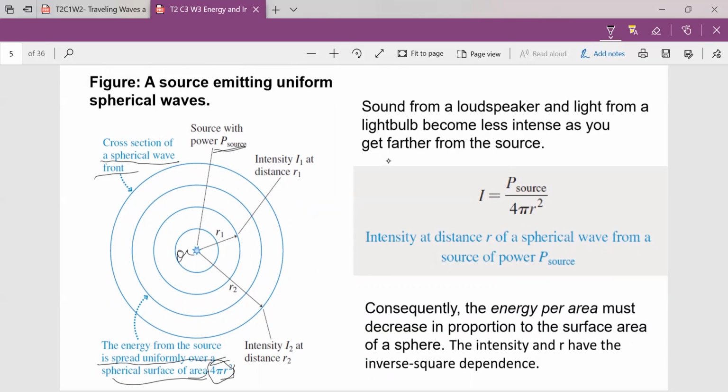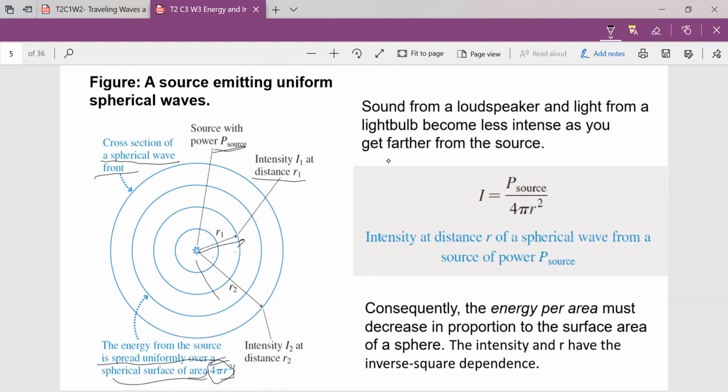The energy spreads out from this source uniformly outward, and we're emphasizing that the intensity is dependent on the distance r, okay? And that's what we want to establish here. We look at the distance r from the source to the second crest.